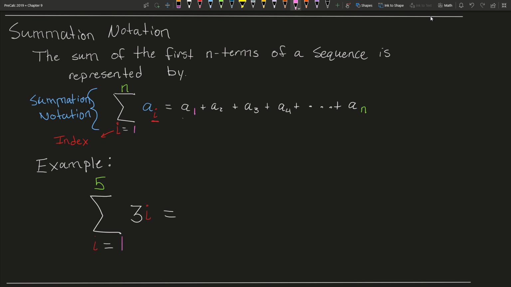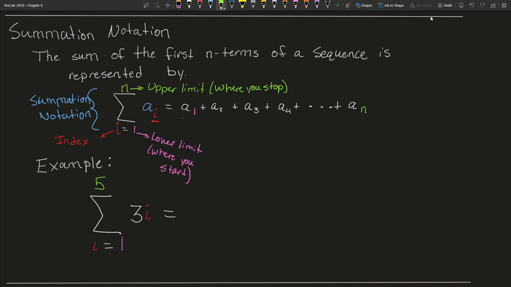This number in pink is your lower limit, so think of this as where you start. And this top letter, this n, is your upper limit, which is where you end, or where you stop. And then the inside is just a sequence, a rule of a sequence.